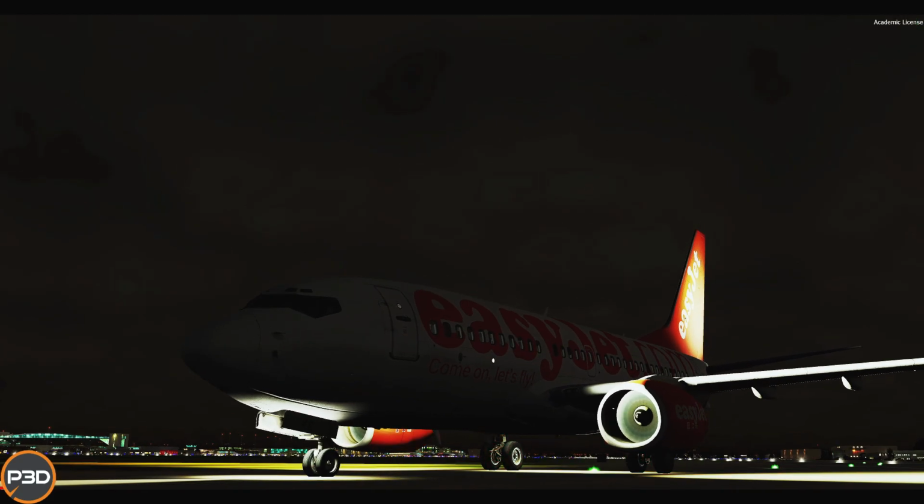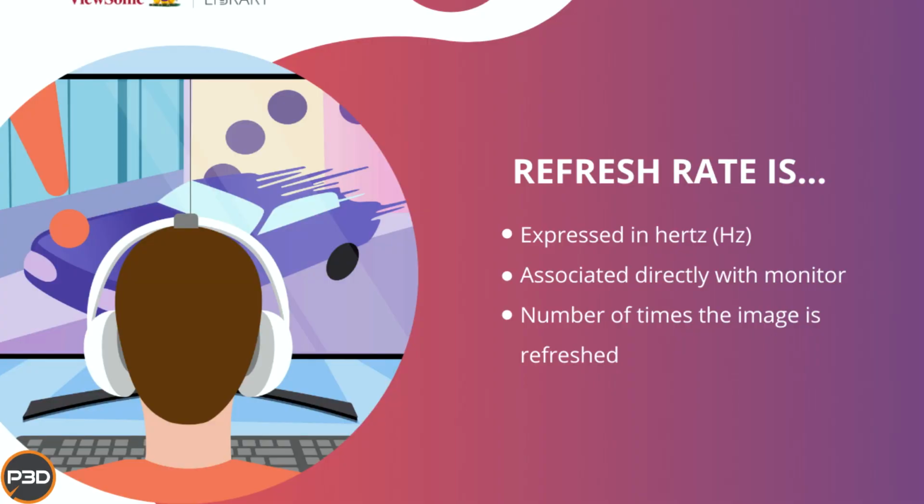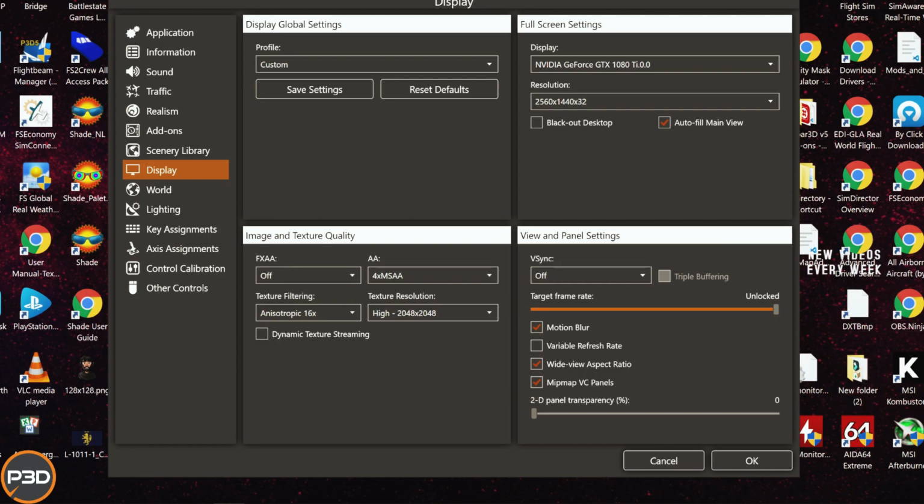So the refresh rate is very much tied to your monitor and your GPU. Your monitor and GPU will determine what your refresh rate is, and then in the sim, what is acceptable for your controllers to work at.